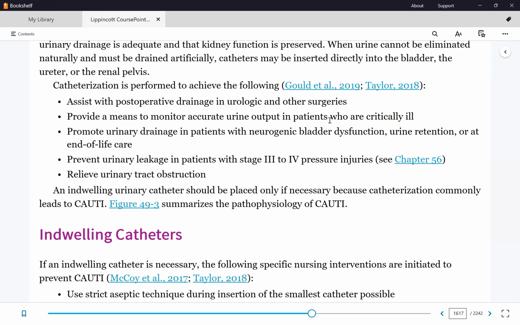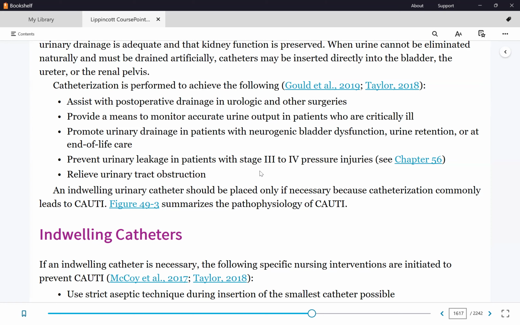Again, earlier we talked about a critical care patient, so that's the second. Then third is the patient has urinary retention for various reasons. They can't pee, either short-term or long-term. Then for wound management, some patients have, let's say, stage 3, stage 4 pressure ulcers or other complicated wounds, and they are incontinent.